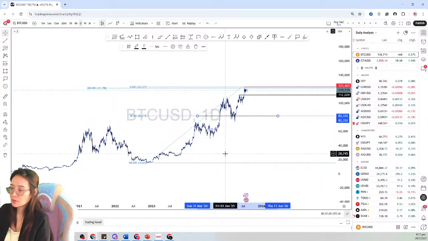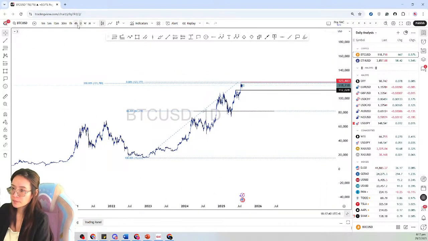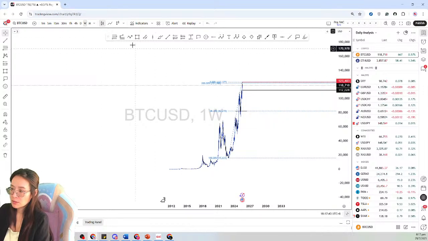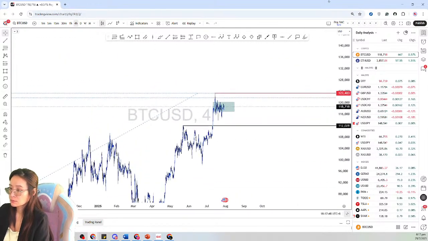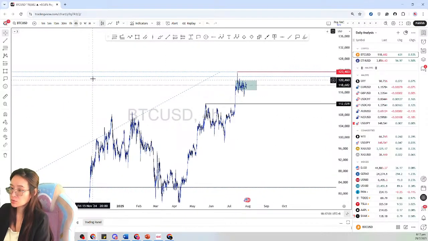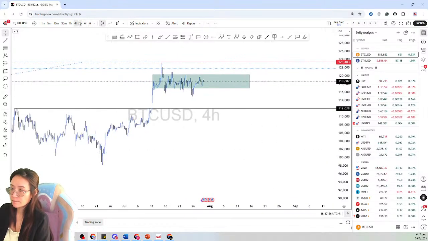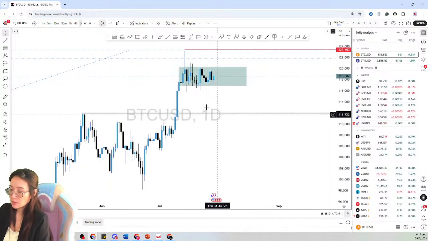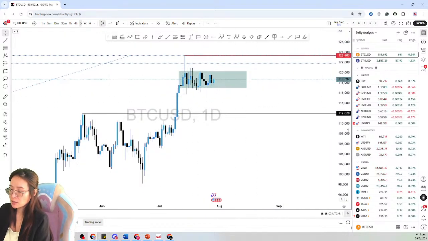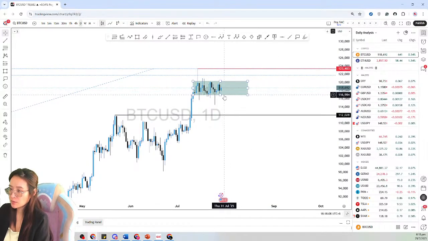If I use the 1, 2, 3, 4 count, it continues to go higher, but there is going to be a pullback. This is already 200% extension, and then you can see in the D1 price is just ranging, or now is accumulation or distribution. From here, they're going to sell off.